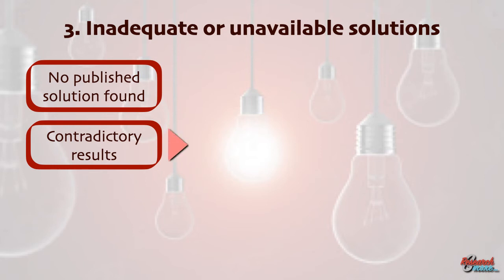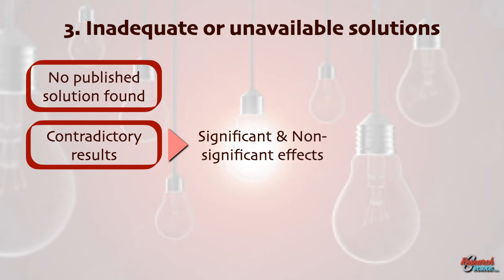For example, when previous studies demonstrated the model tested as having both significant and not significant effects. This could indicate a need for introducing a mediating or moderating variable, which would cause a more valid and reliable outcome.